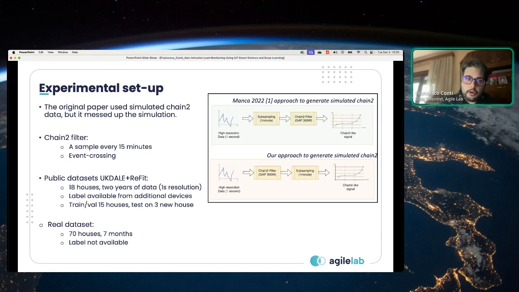And we fixed this simulation by filtering the signal before the subsampling, and we did experimentation on a public dataset. I'm going fast because I don't have enough time, but we have a public dataset, UK-DALE, and the most popular datasets are UK-DALE and REFIT.